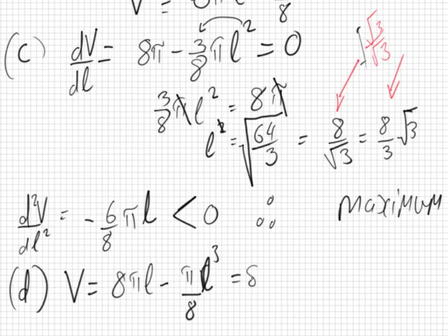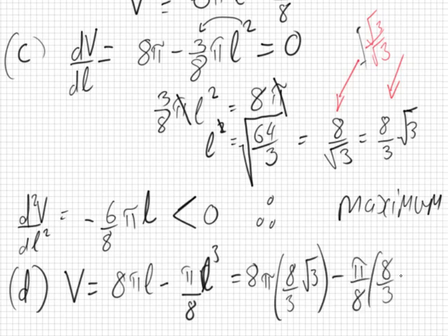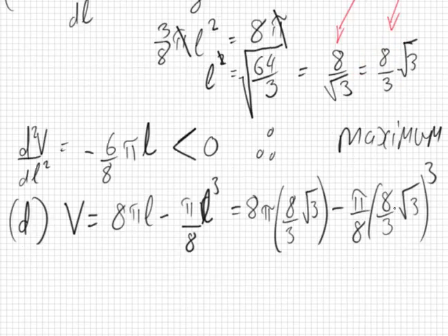So it'll be 8 pi L, which is 8 over 3 root 3, minus pi over 8 L cubed. So you'll need to type that in on the calculator. 64 over 3 pi root 3.